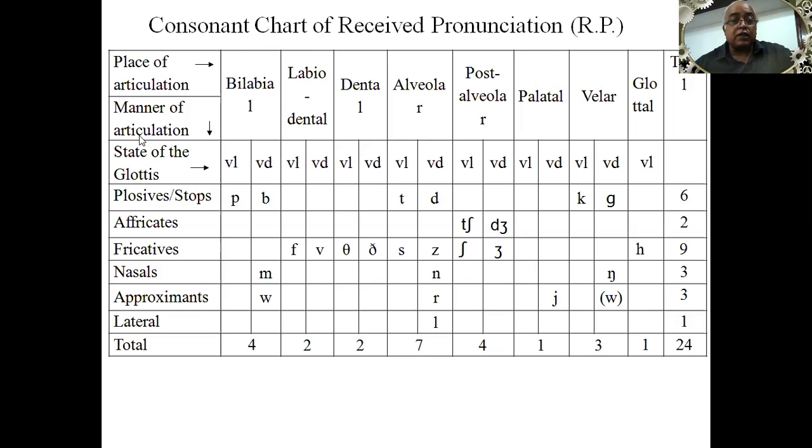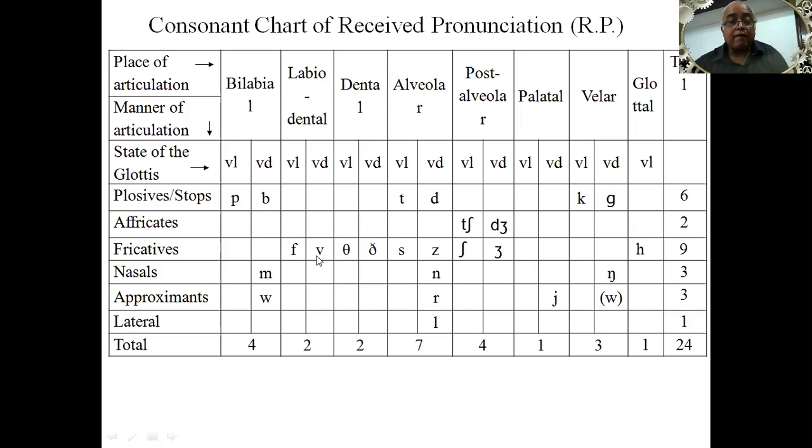That is the first criterion, the state of the glottis is voiced. Second criterion, the place of articulation, is labiodental. Labio of the lips, dental of the teeth. So this is the lower lip and the upper teeth. V, v, v. Even this sound is not present in our North Indian languages.